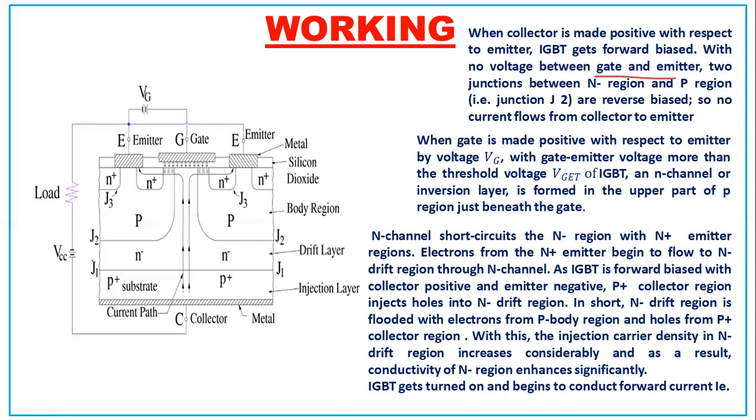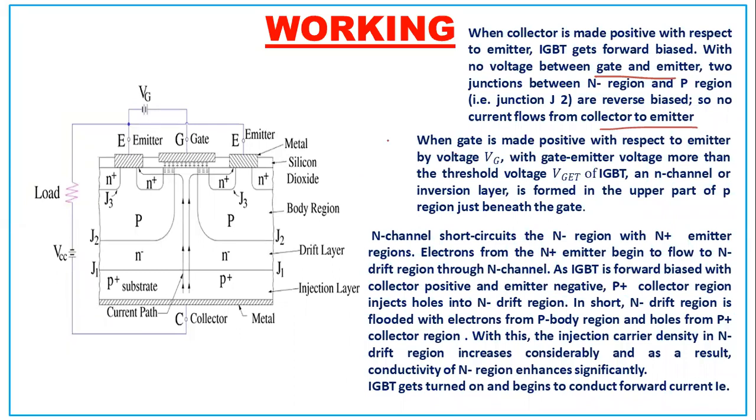So this J2 will be reverse biased. If you are not providing the gate pulse, the junction will be in a reverse bias condition, and as a result of that, no current will flow. You might observe this is exactly the same as what we have done for a MOSFET.